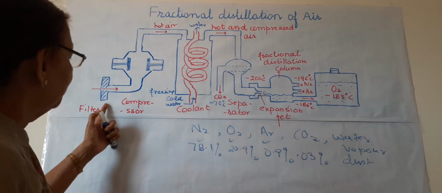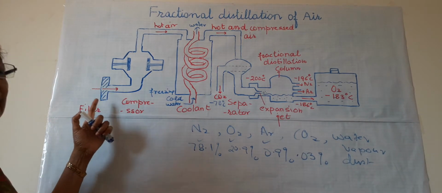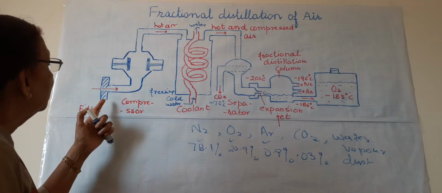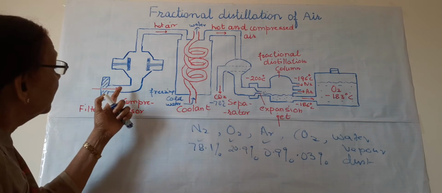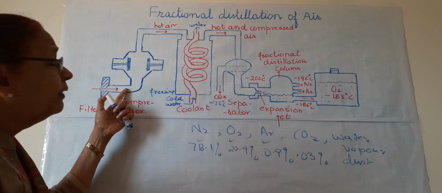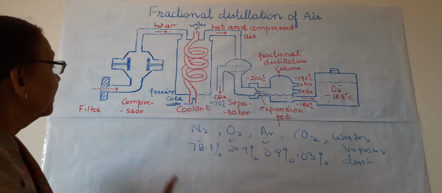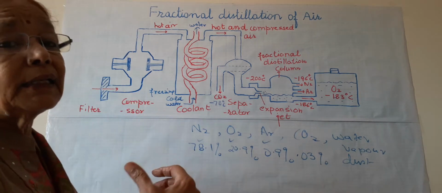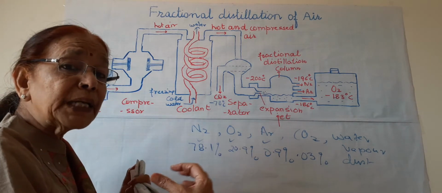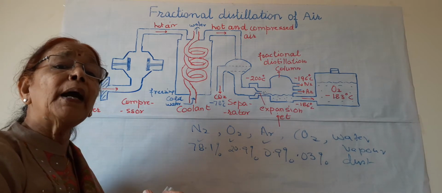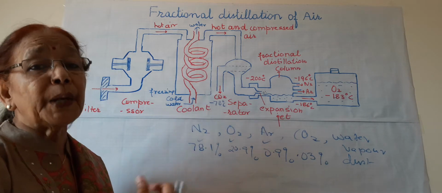So these are different parts of the distillation plant of air. First is filter. Through this filter, different dust particles and other impurities are filtered. And now the clean air, devoid of dust particles, enters the compressor. As the name indicates, this compressor compresses the air. How will it compress? It will compress by increasing the pressure.